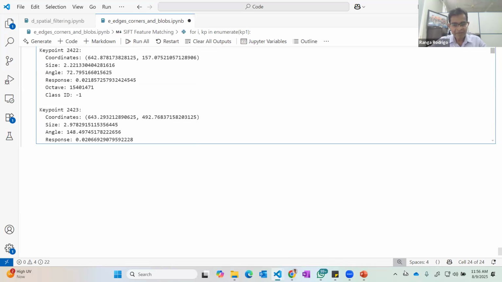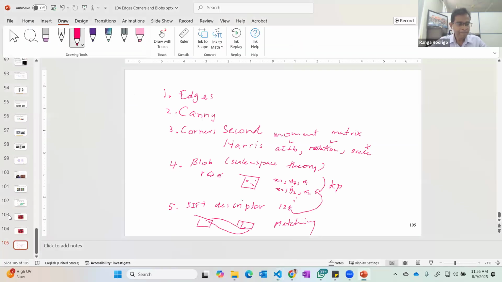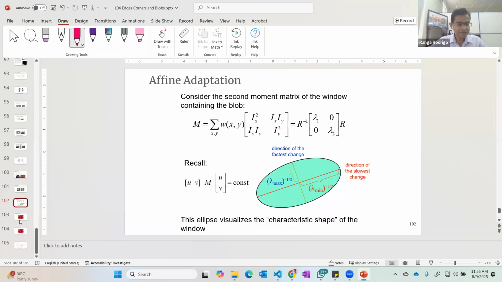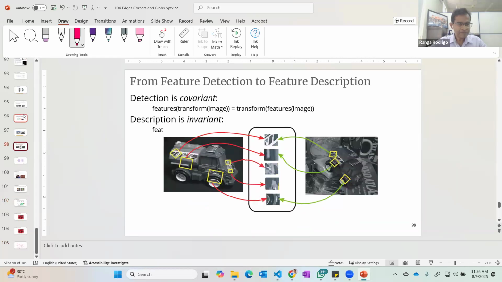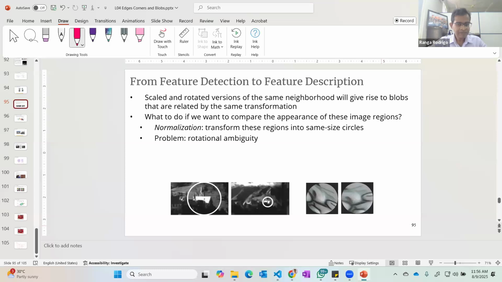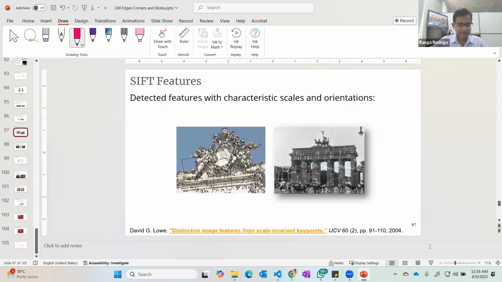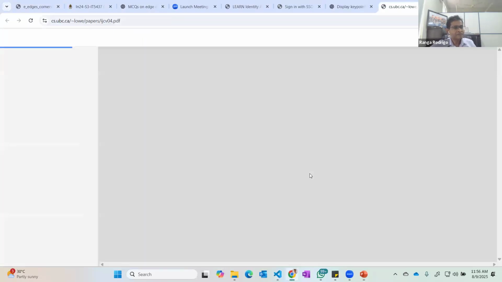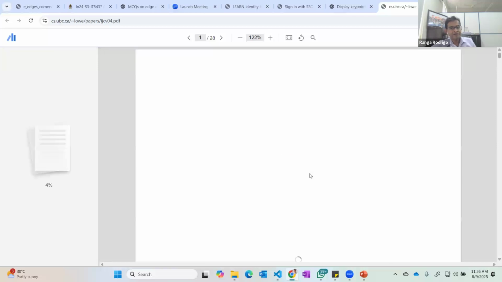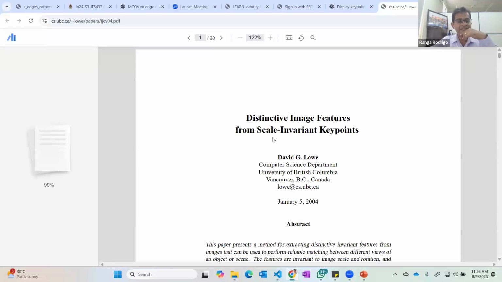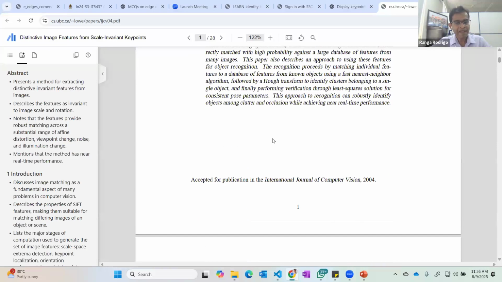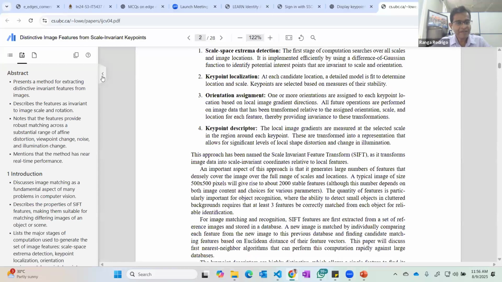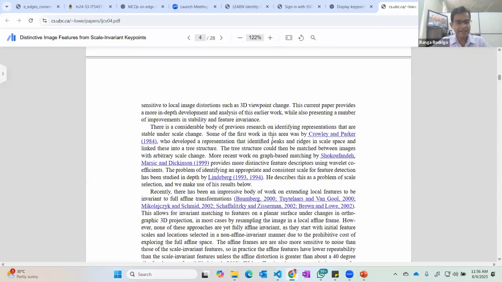So this IJCV paper, this is the famous David Lowe's paper. You can see the diagrams that we had in the slides are there in that one.